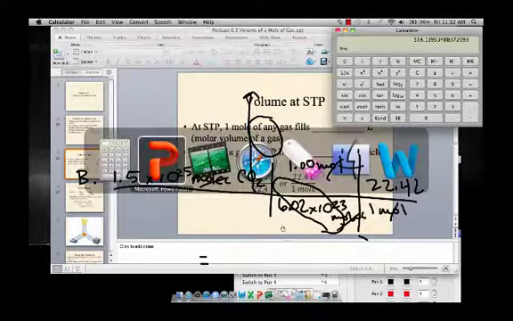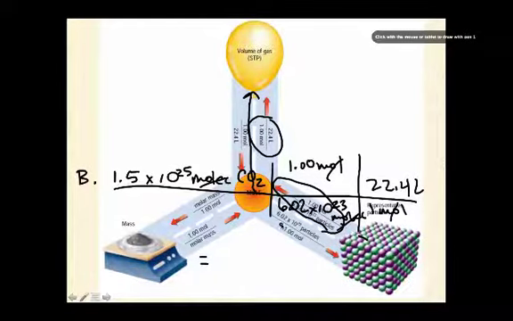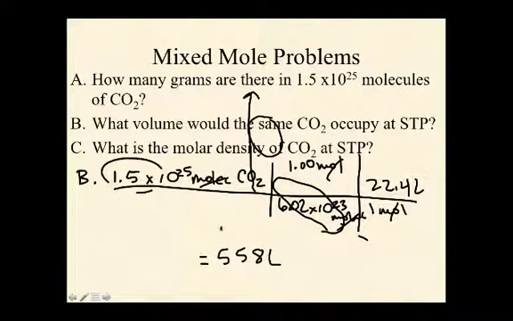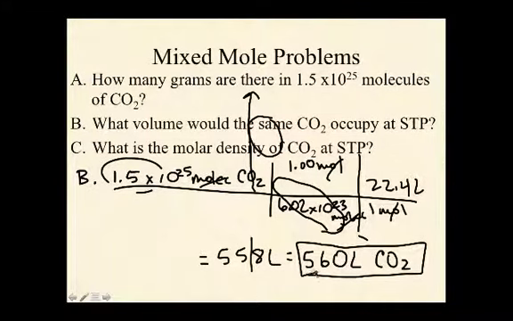Let's come back here. Okay, so 558 liters, but I only get to keep 2 sig figs, right? So look behind this number, and we'll have to round that up, right? So 560 liters of CO2. That's the volume of that same number. 1,100 grams of CO2 is 560 liters of CO2. That would take up a lot of space, right?